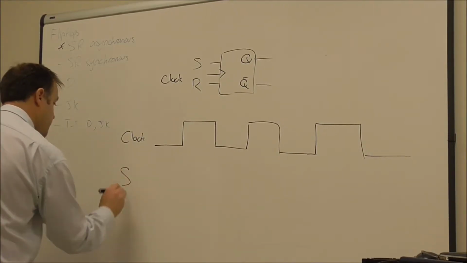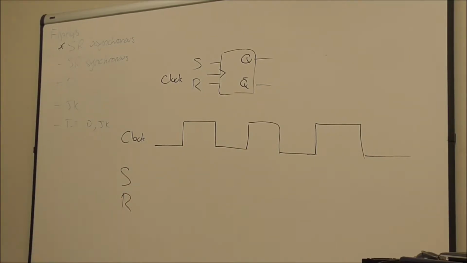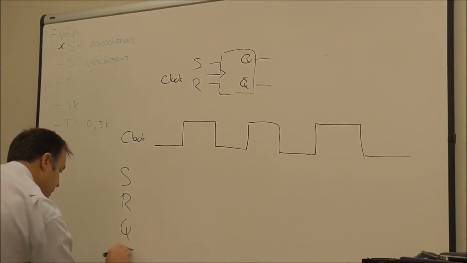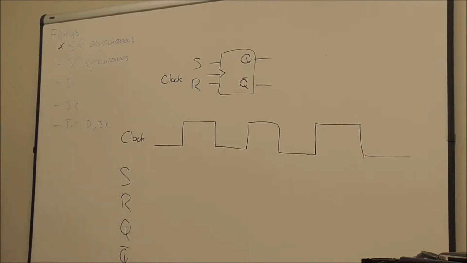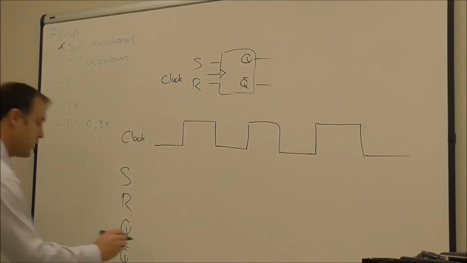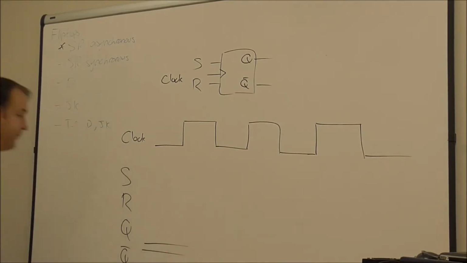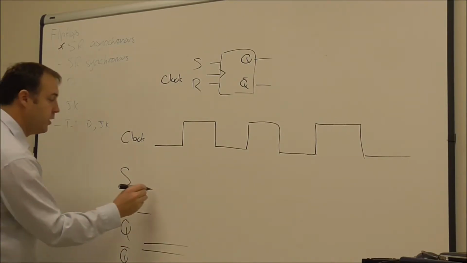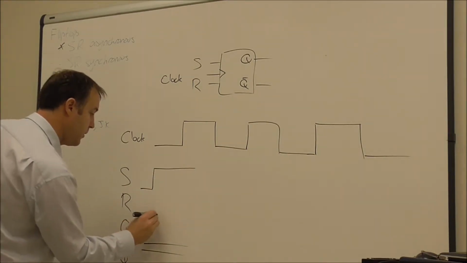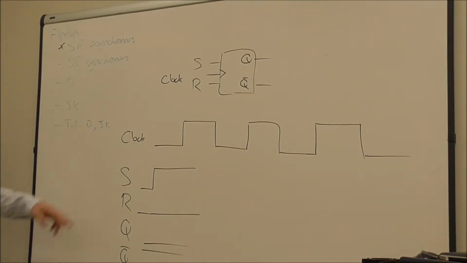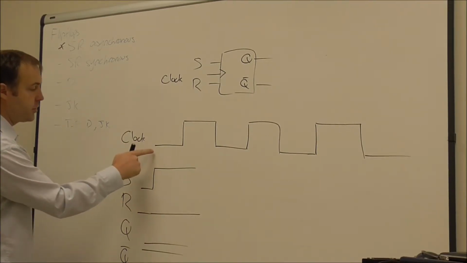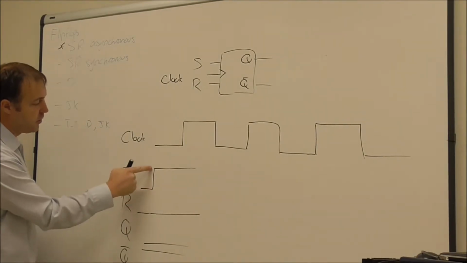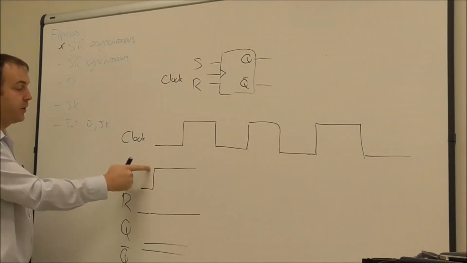Here's my S and my R, and I'm only, actually I'll not draw Q and Q bar, Q and Q bar. And so let's say that Q was low initially, and so Q bar is high. If I change set from being low to high, leaving reset low, okay? Now with the asynchronous circuit, what would happen is the output would change as soon as it saw this set pin go high, okay?